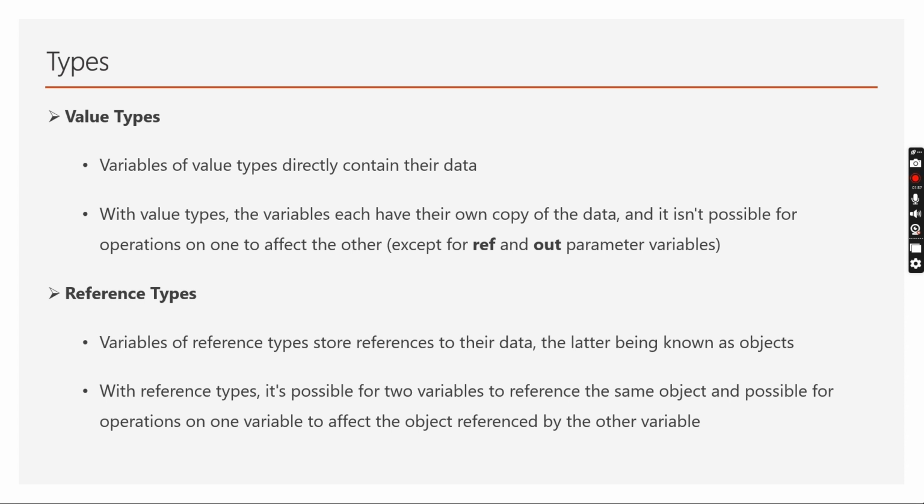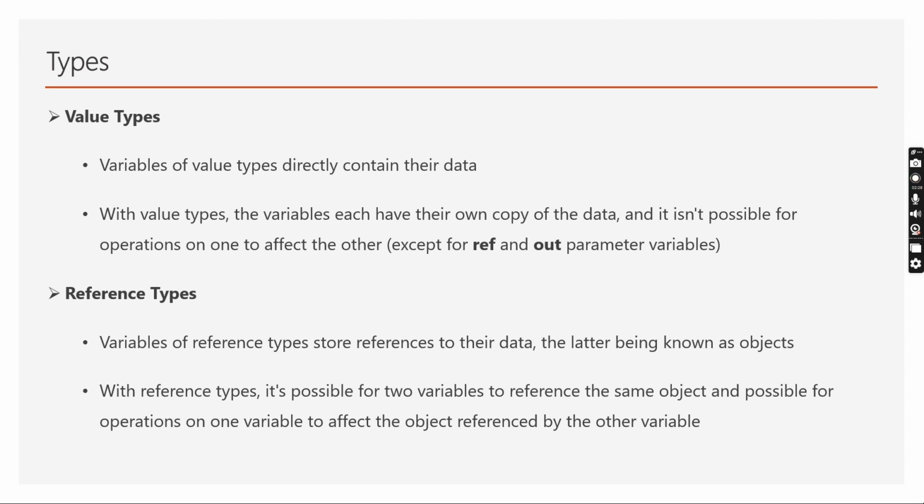With value types, each variable has its own copy of data. Because of that, operations on one variable cannot affect another. That means changing the value of one variable is not going to change the value of any other variable.